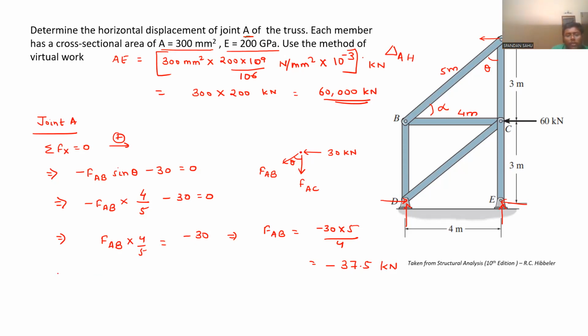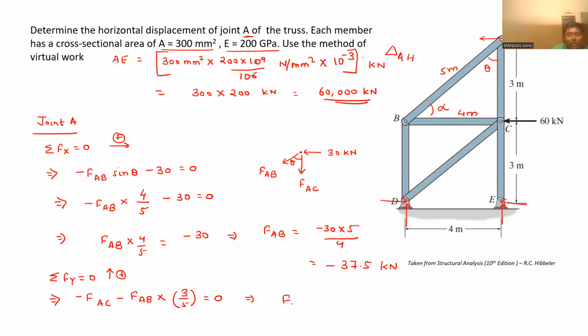Similarly, when we do summation of Fy equal to 0, taking upward as positive, we get minus FAC minus FAB cos theta, where cos theta is 3 by 5, equal to 0.